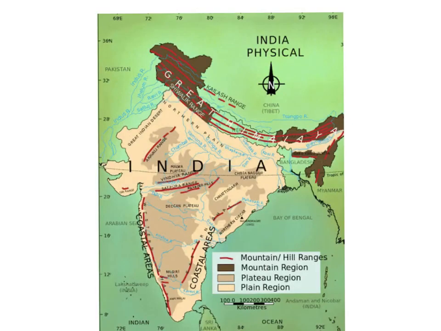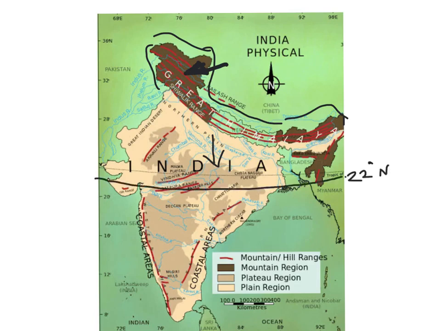From this map, we can see that India is bounded by young fold mountains in the northwest, north, and northeast. Now, which are these mountains? These are the Himalayan mountains. And why do we call them young fold mountains? That we are going to study in the next chapter. When we come towards the south, that is from approximately 22 degrees north downwards, we have the peninsular part.